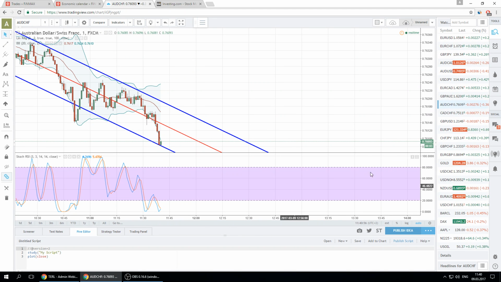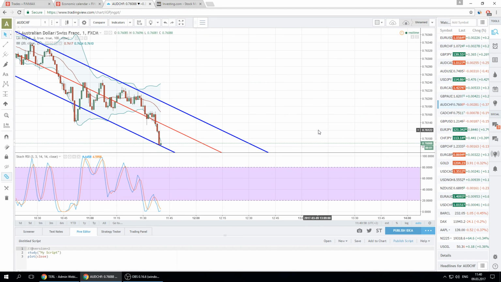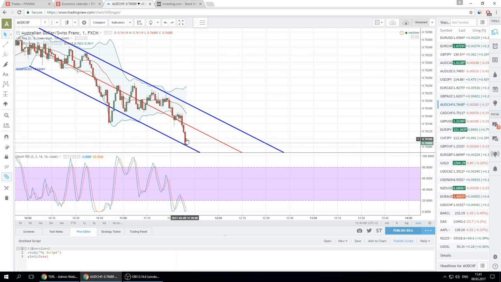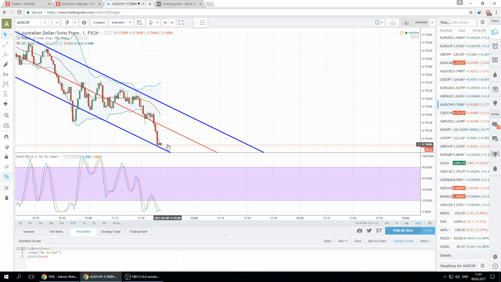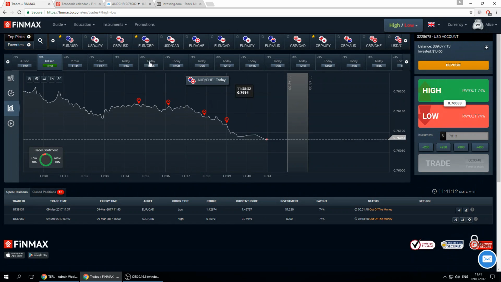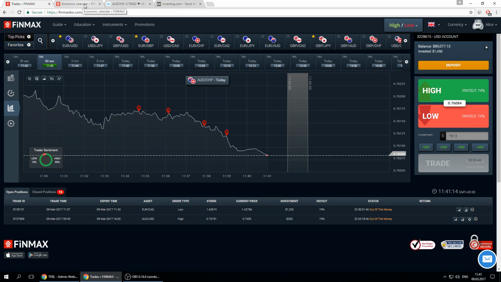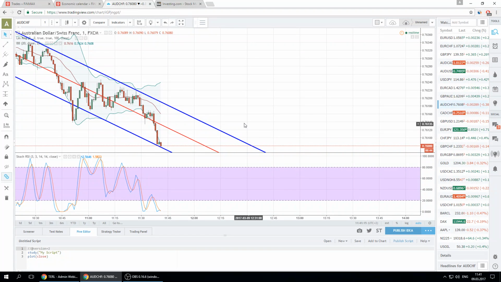In several seconds this candle is going to close, and we're going to see what's going on here, because 3 candles in a row were red. Our trade is out of the money, so it keeps falling.